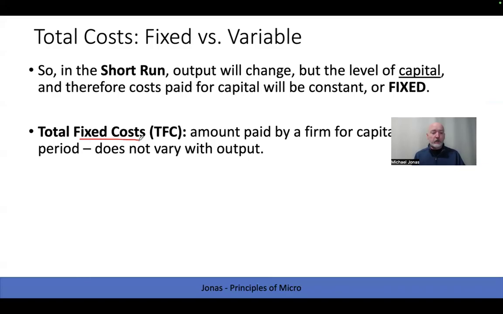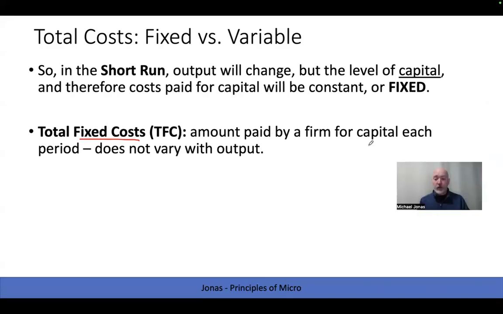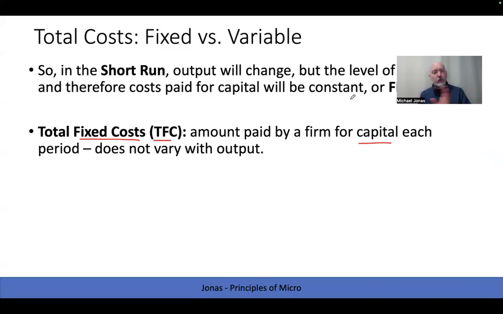Costs in the short run that don't change, that have to be paid no matter what the level of output is, that's going to be our fixed cost. And again, we're going to attach that to payment for capital, and we will denote that as TFC. So any costs that don't vary with output in the short run are capital costs, or fixed costs.